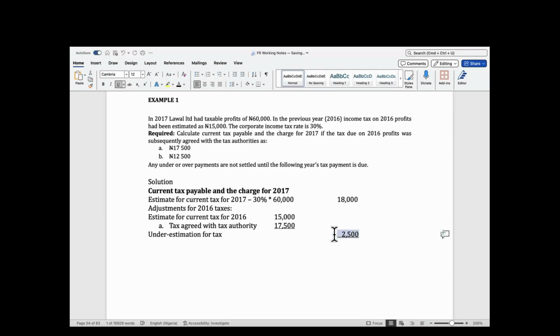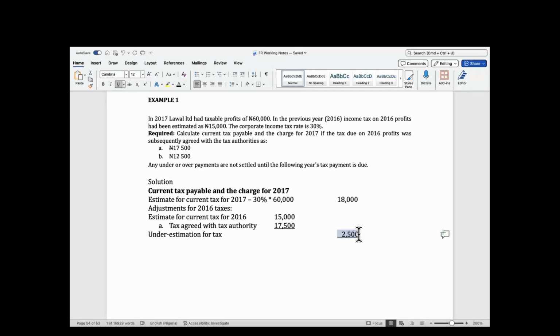Who can remember? How do we recognize this in our books? What did I tell you is the double entry for this? We debit underestimation for tax and credit bank. God bless you, Olamilekan. We debit underestimation for tax and credit bank. You see, this is an additional tax.